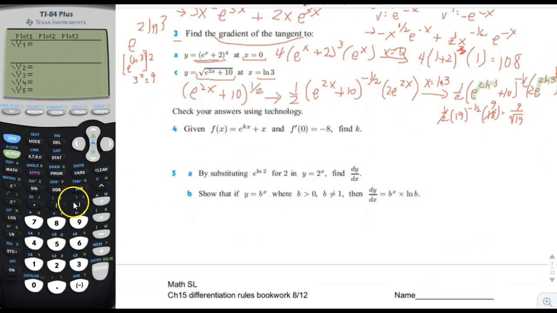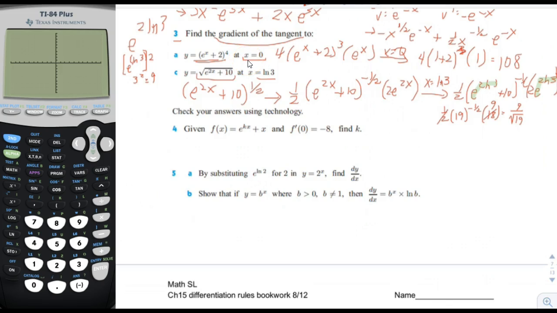And then I'm going to put parentheses, e to the x plus 2, parentheses to the 4th. Okay, and I'm going to graph that, and I'm going to see what the derivative is at x equals 0.